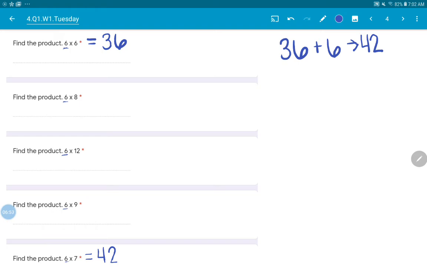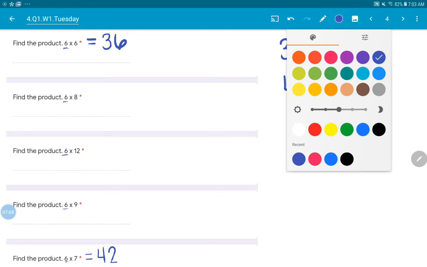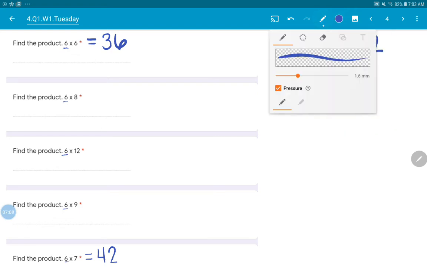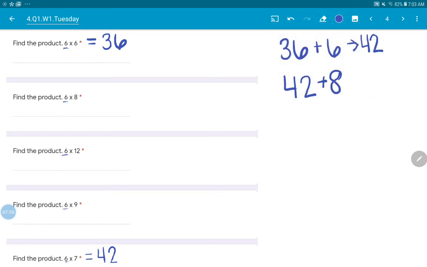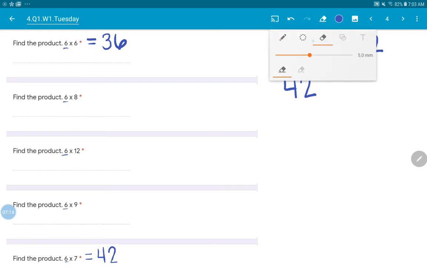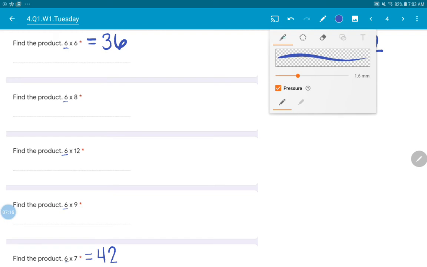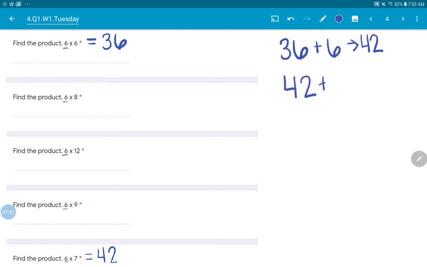Now I can come back up to 6 times 8. So if I've got 42, oh, I wrote down the wrong thing, excuse me. Let me erase that. I need to add 6 more instead of 8 more. So 42 plus 6 more.